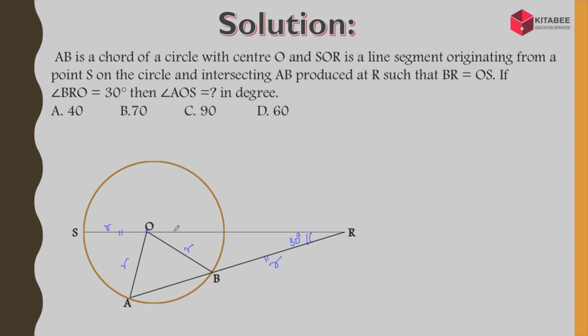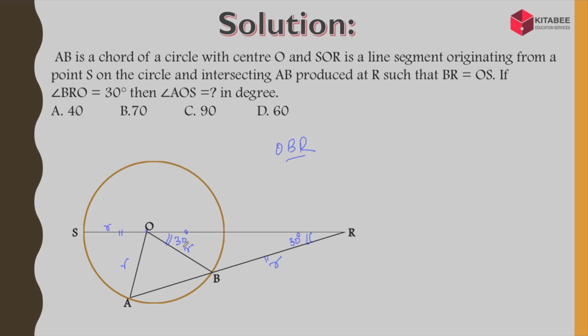Now if you consider the triangle OBR, then I can say OB is equal to BR, right? So that means this is an isosceles triangle. So this angle would also be equal to 30 degrees as these two sides are equal. So angles opposite to them are also equal.